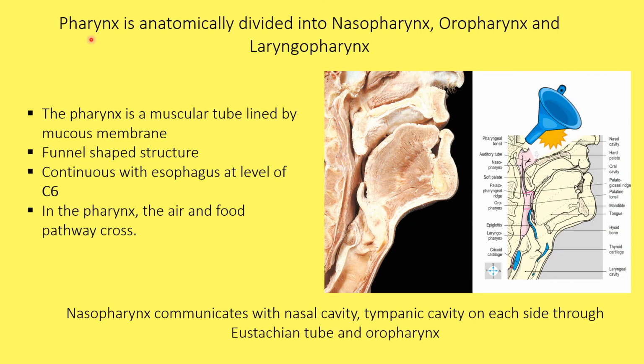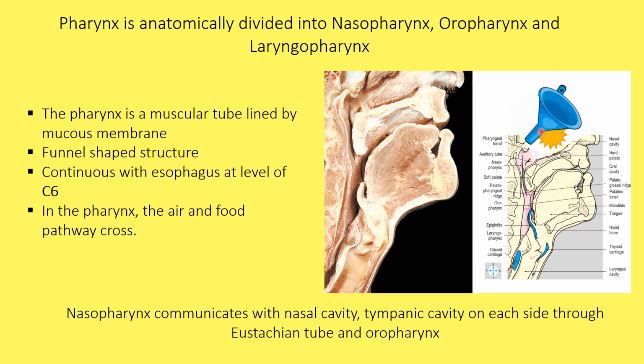Now we're going to learn about the pharynx. The whole area here is the pharynx. The pharynx is basically a muscular tube lined by mucous membrane, and it's funnel shaped in structure.